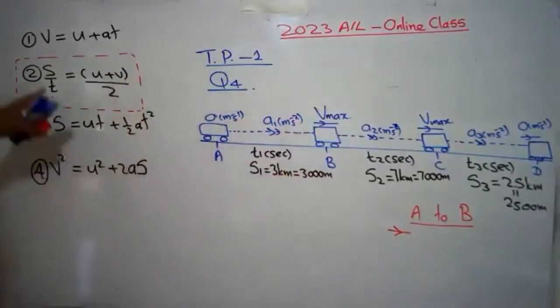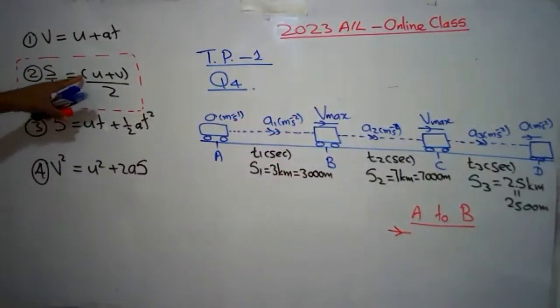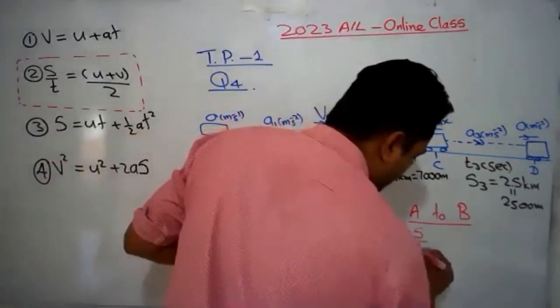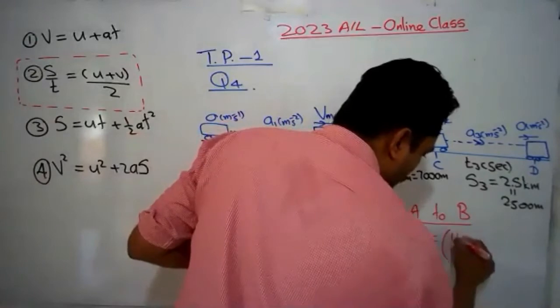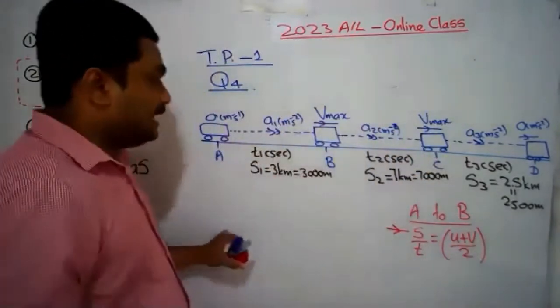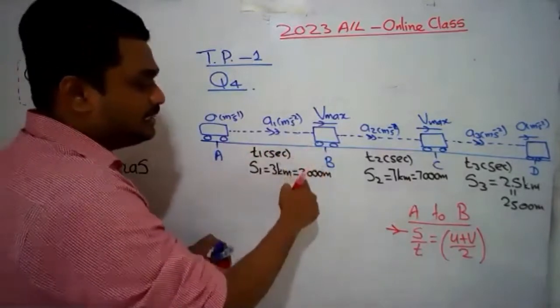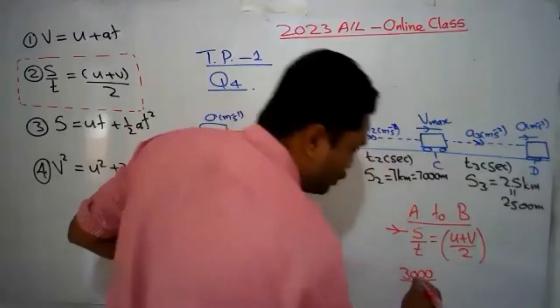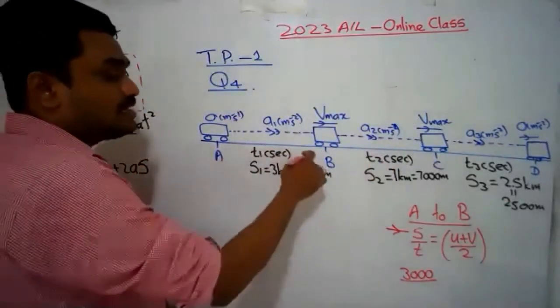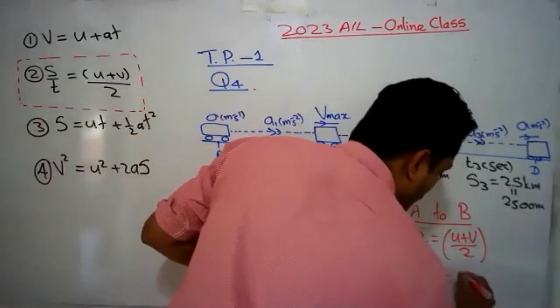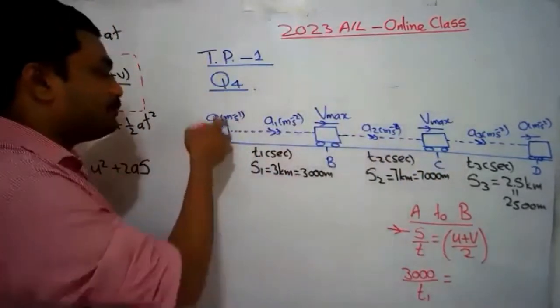So after that, I'll write the equation S over T equals U plus V over 2. A to B displacement is 3000 meter. We should not use kilometers. A to B time taken is T1.